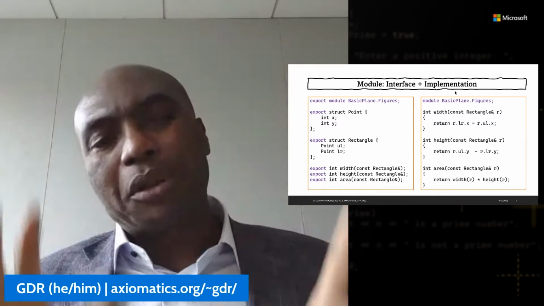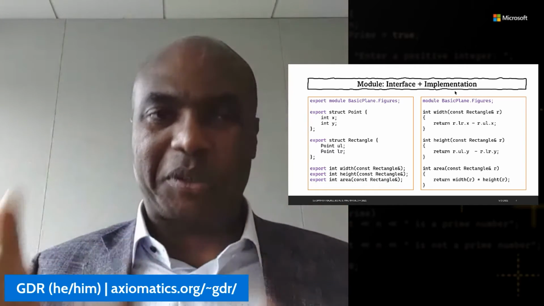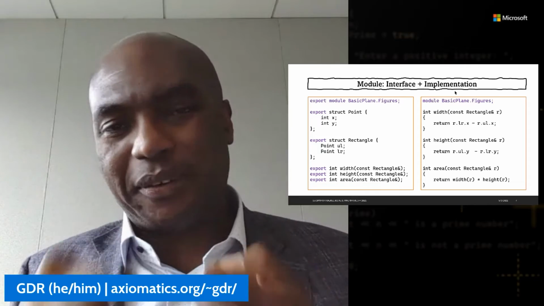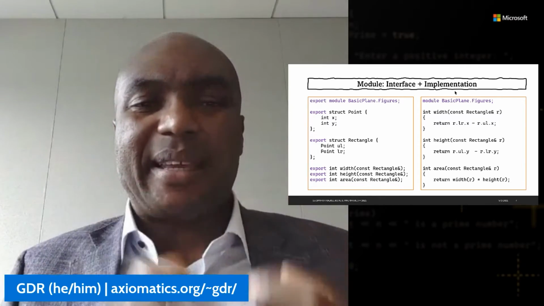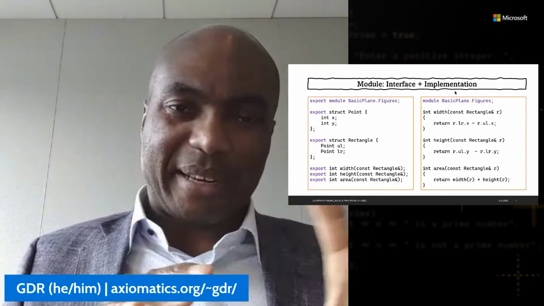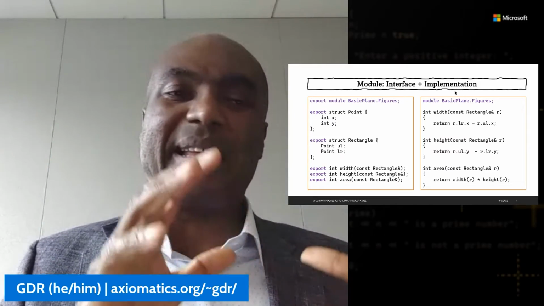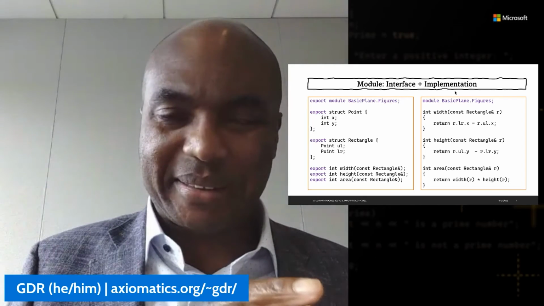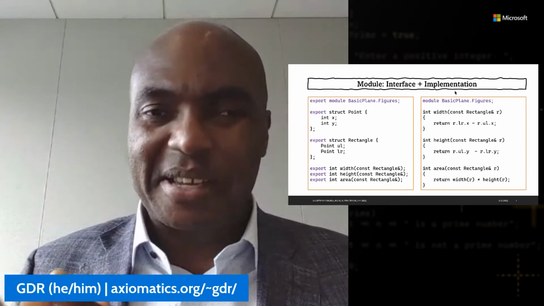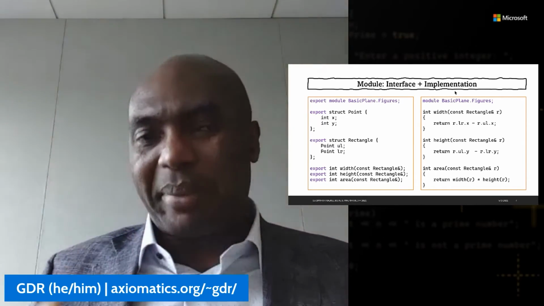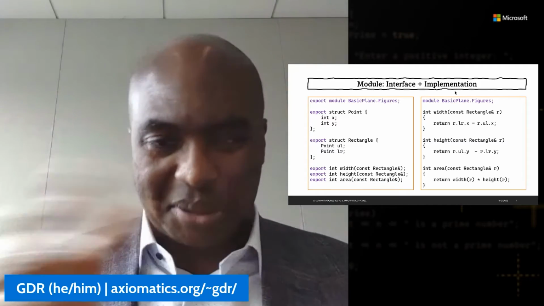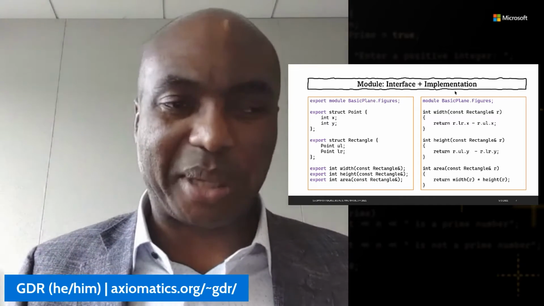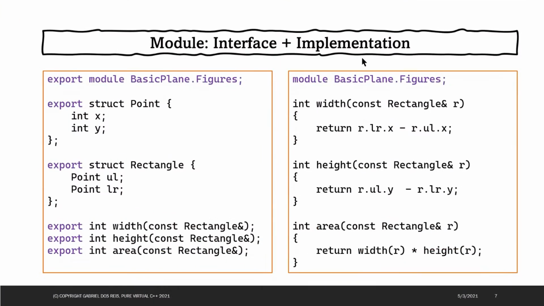The module keyword and import feature give you this feature where, on the left-hand side here, you see clearly the interface of your components. And on the right side, you see the implementation of the functions, the implementation details that are not particularly interesting to the consumer. So you have this clear separation.